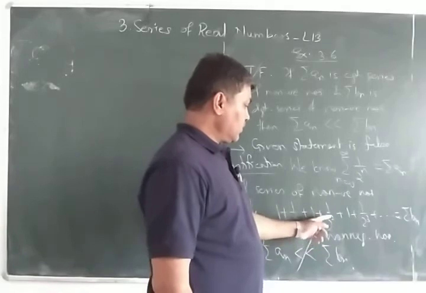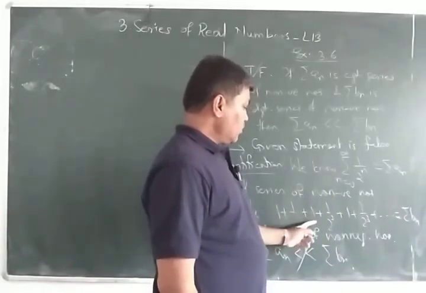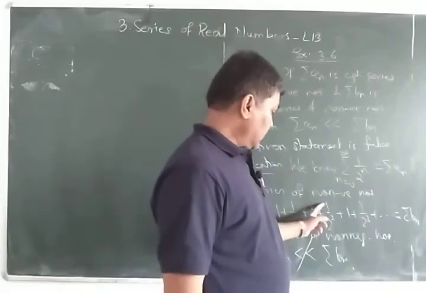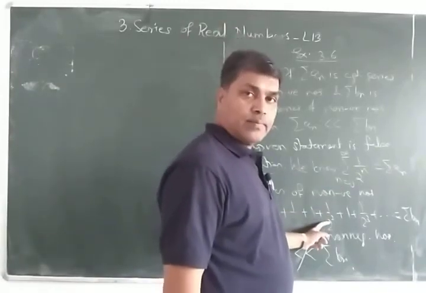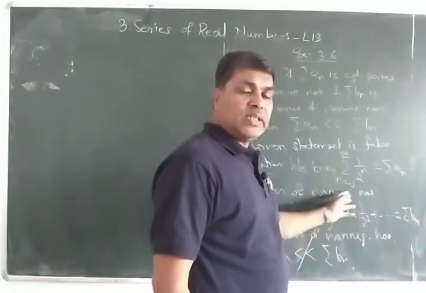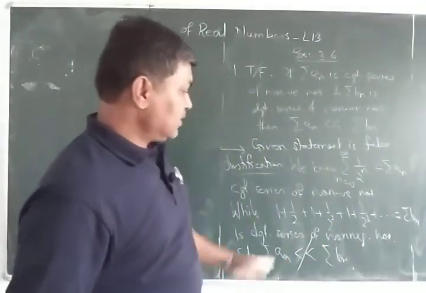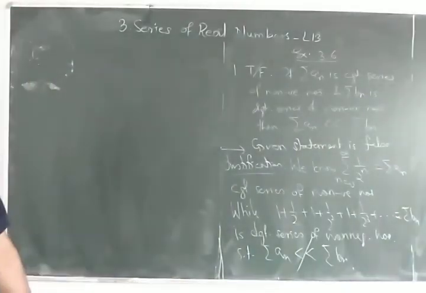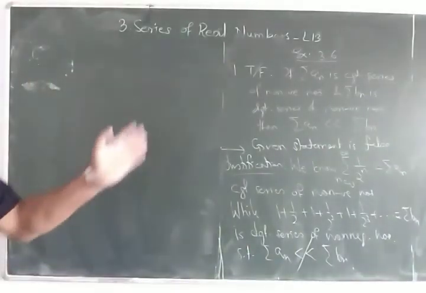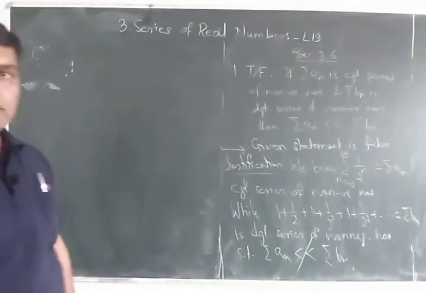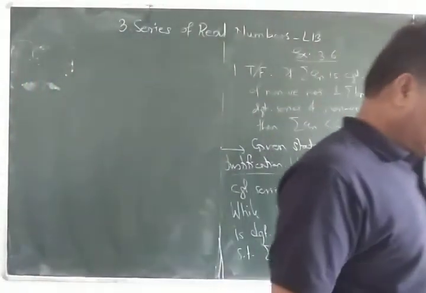This is 1 upon 2 cube, this is 1 upon 2 raised to 4 there, and here I am getting 1 upon 2 square. That 1 upon 2 square is not smaller than that, okay? So this is the correct one, no problem. Because in summation a_n, those terms are greater than those.